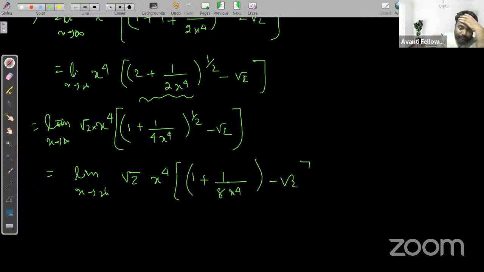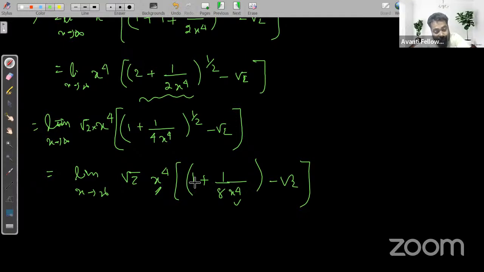Okay. Now you can observe here why we didn't take the binomial approximation up to 3 terms. Because now you can observe here you are getting x to the power 4 here, and also already you are having x to the power 4 here.